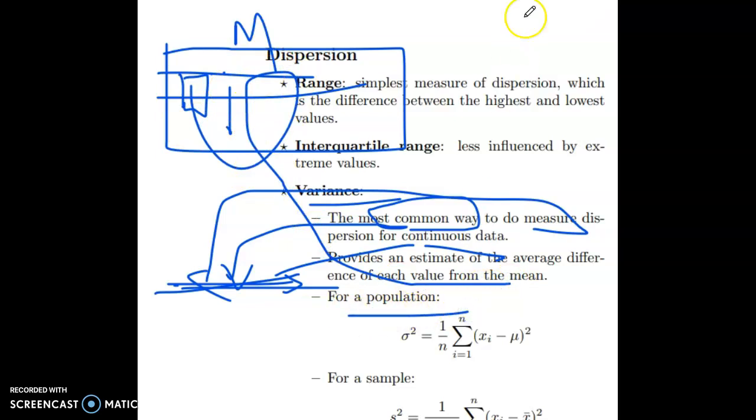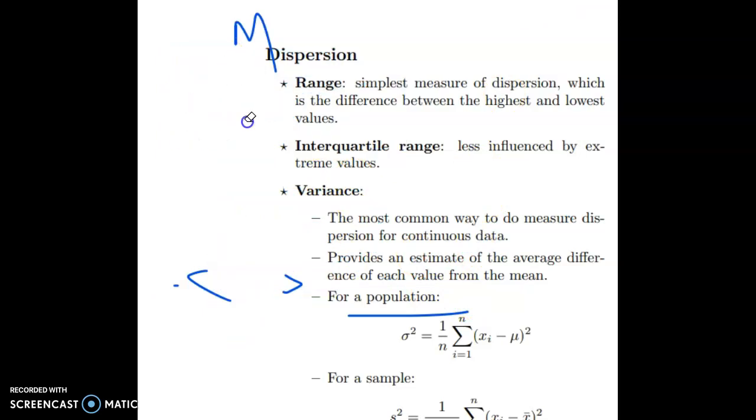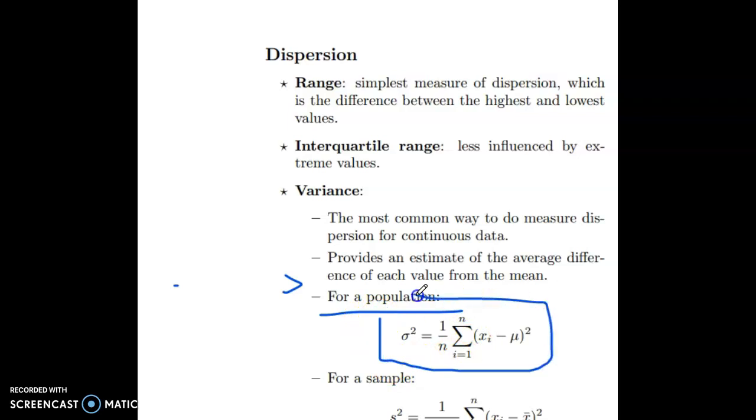For a population, sigma square equals 1 divided by n, the summation from i equals 1 to n of (x i minus mu) whole squared.